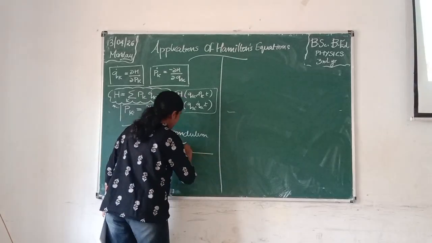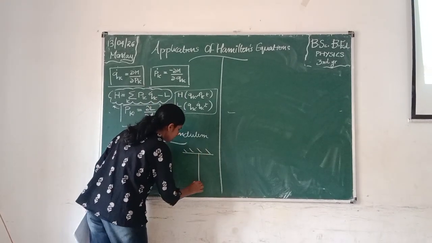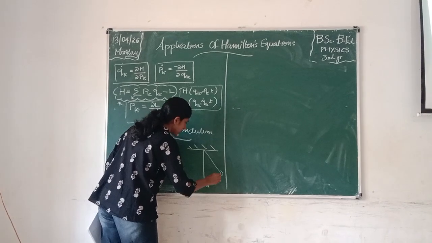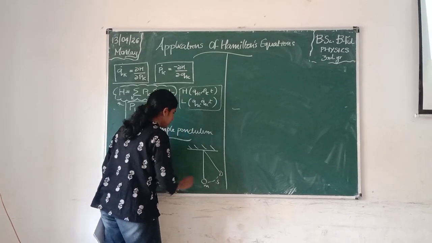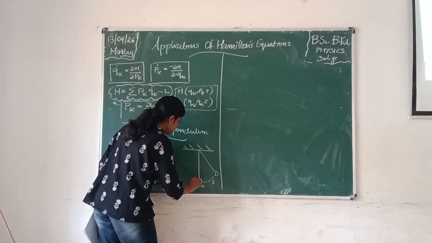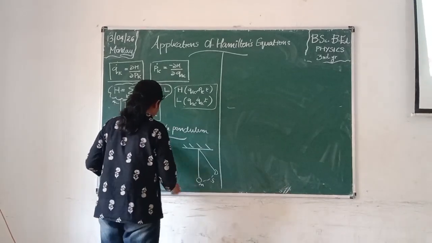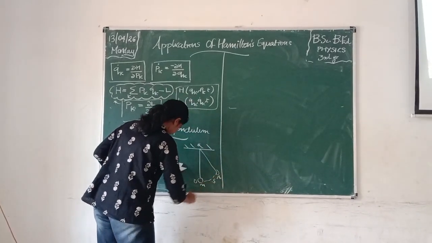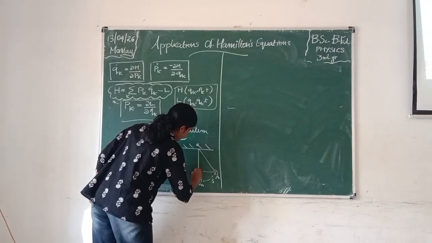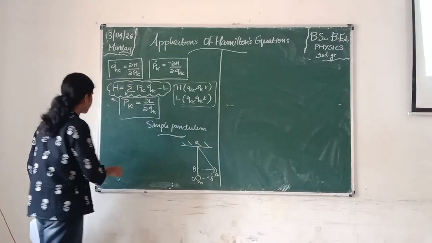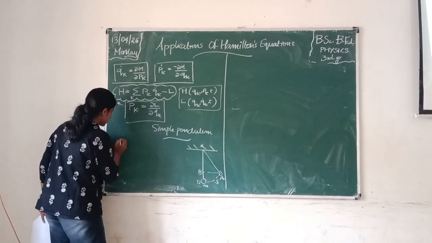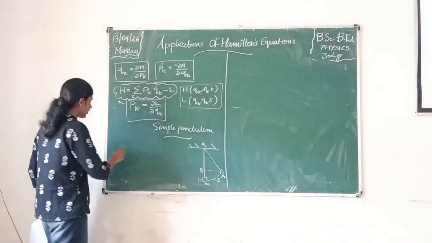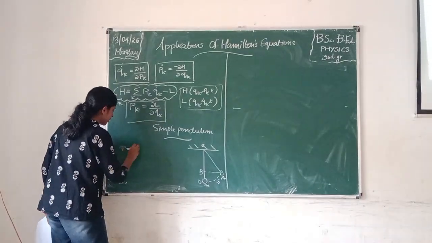For the simple pendulum, I am just drawing the simple pendulum. So this is the mass m, this is the string, and we are taking these points as O, C, A and B. From here we get kinetic energy, potential energy, and the Lagrangian we already studied, but I am writing kinetic energy here.